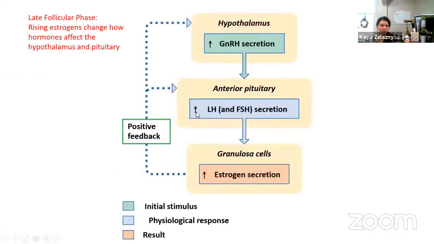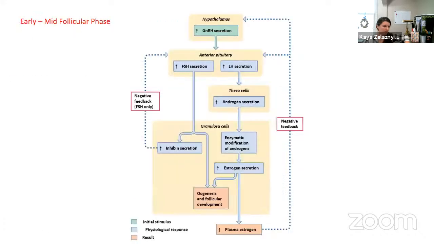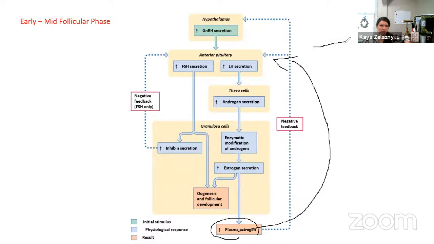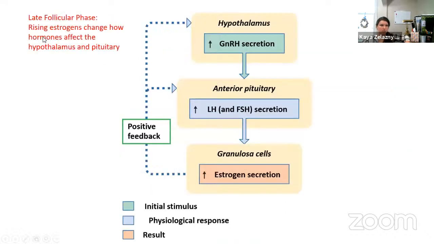Okay. I want to take us now into the late follicular phase. So early on, in the early and mid follicular phases, we have plasma estrogen acting as a negative feedback loop, so we're keeping LH low. But remember we have that spike for ovulation of LH and, to a lesser extent, FSH. That is caused by a change that we see in the late follicular phase.